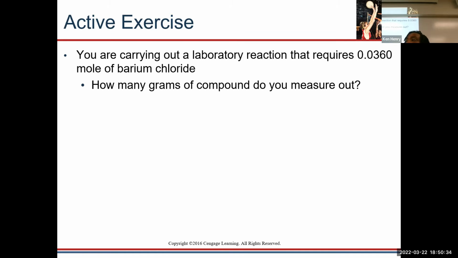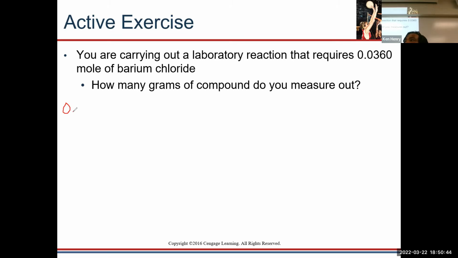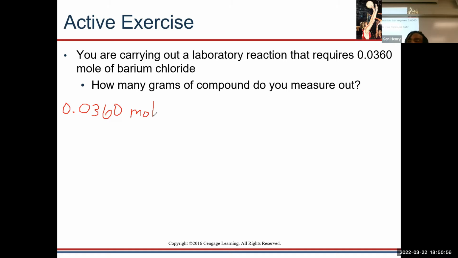So where am I going to start? I'm going to start with my given. What is my given? 0.0360. And that's units of what? Moles of barium chloride.